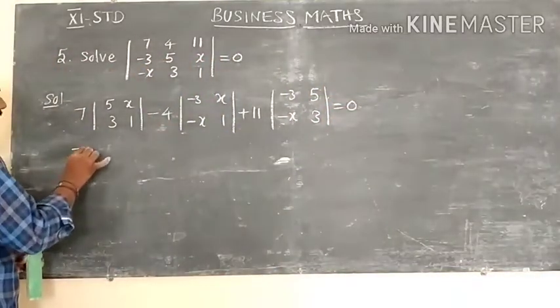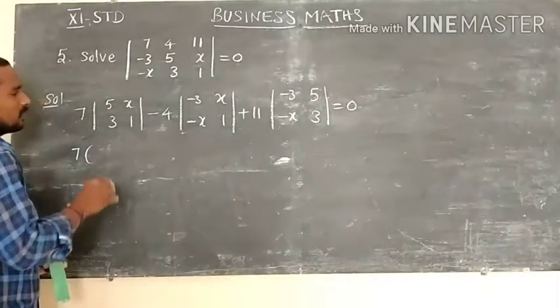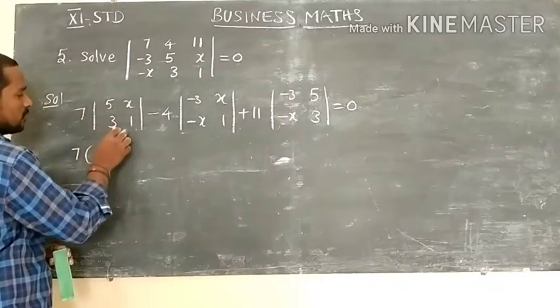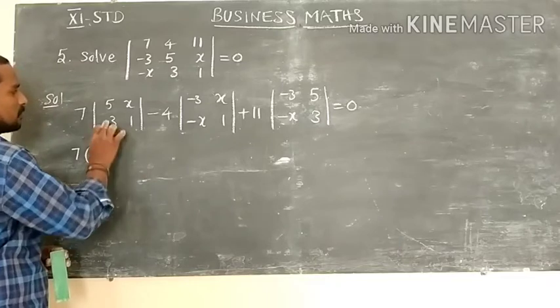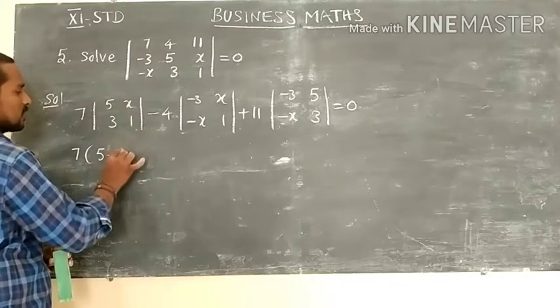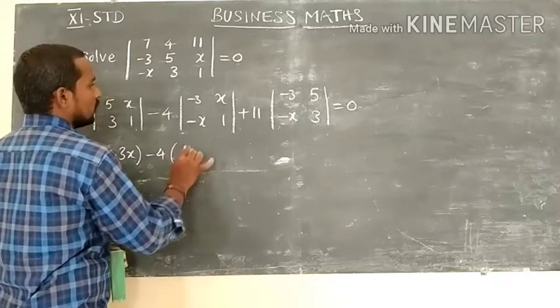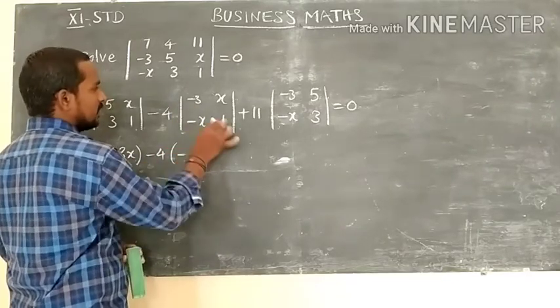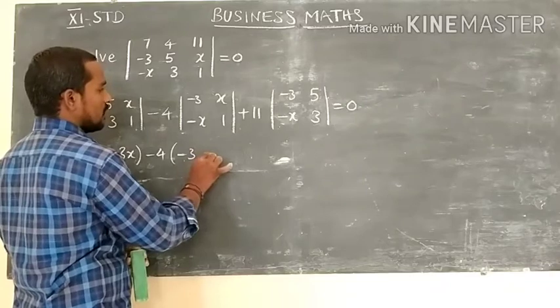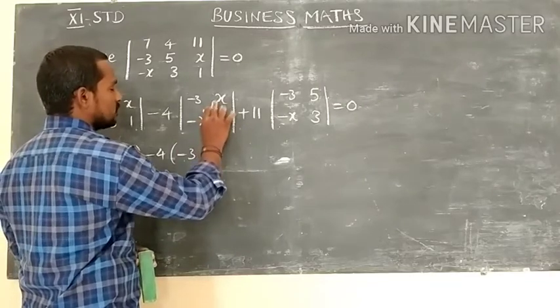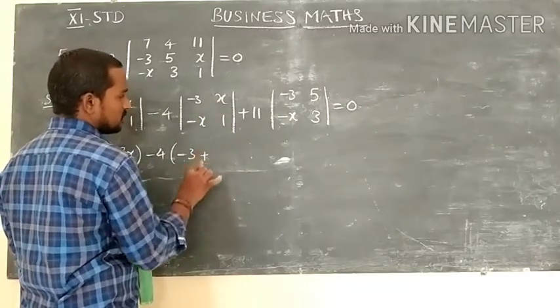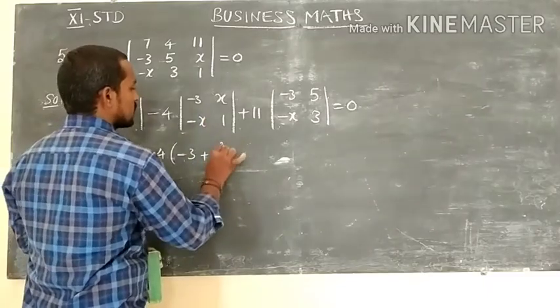The 7 into, expanding the determinant value, plus into plus plus, 1 by 5, and minus, plus into plus plus, 3 into x, 3x. And minus 4, minus into plus minus, 3 into 1, 3, and minus into minus plus, minus, here also minus, 4 plus x into x square.